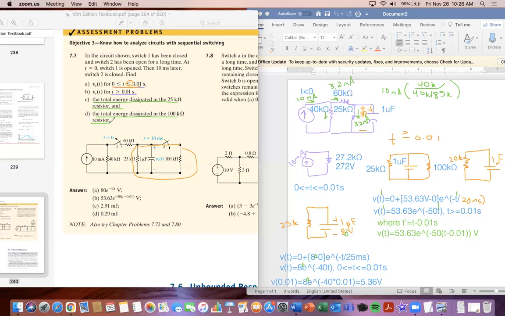Okay, this one is definitely going to be the harder one, I know, because the total energy dissipated would mean how much as time goes to infinity, how much is stored in that capacitor, and then we would take the total energy calculated at time 0 and minus that from how much is left in that capacitor as time went to infinity. And so what we're going to do here is, let me pull this up just to make sure I don't make any errors on this for you guys.